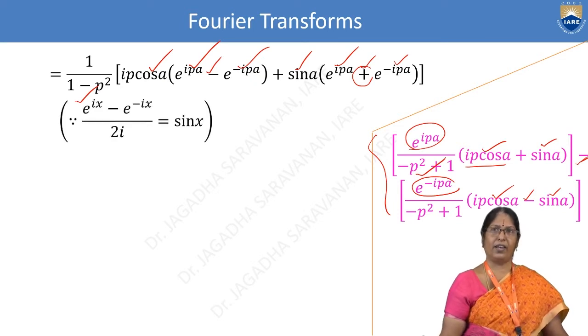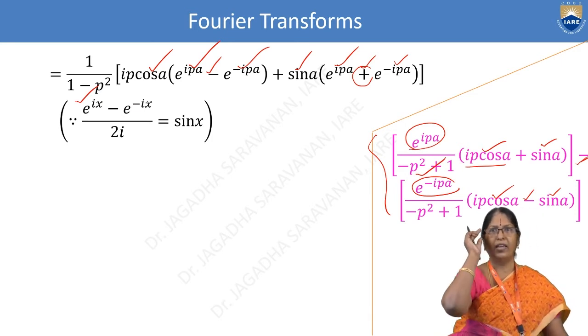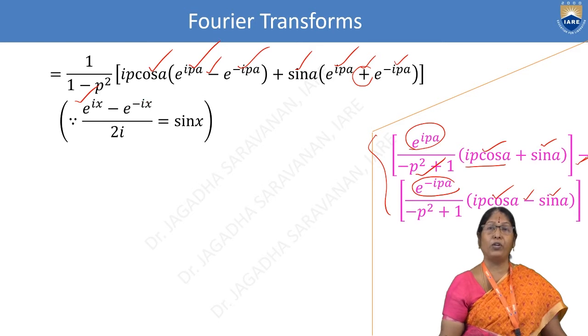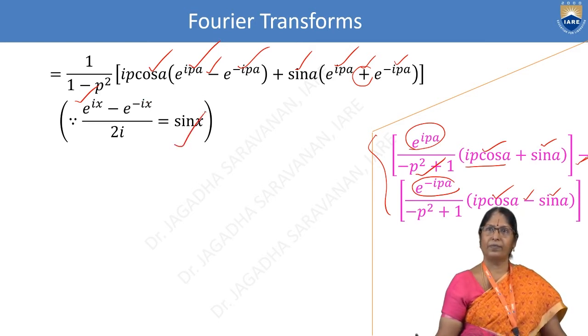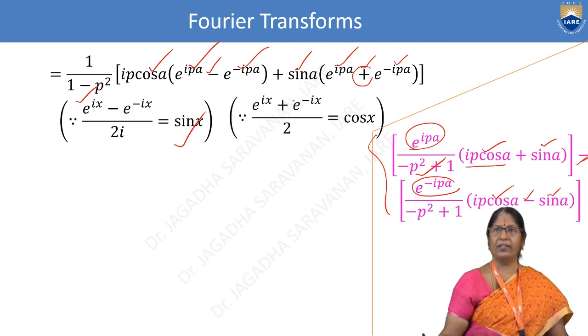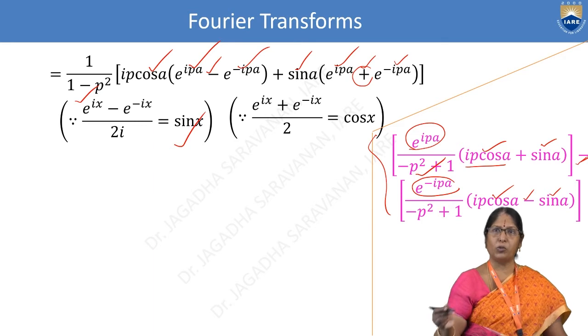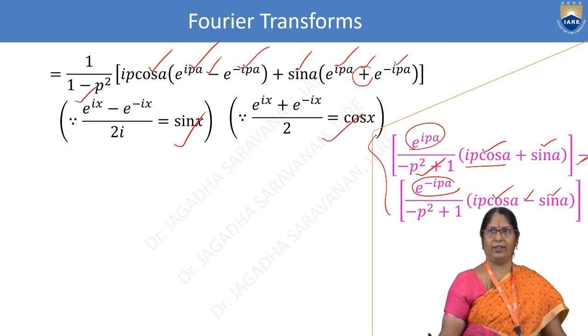The next step, we are going to apply the formula: e power ix minus e power minus ix by 2i is nothing but sin x. Next, e power ix plus e power minus ix by 2 is nothing but cos x.